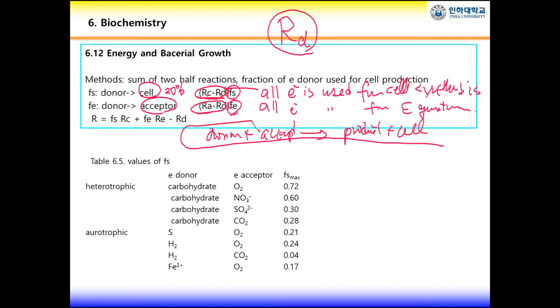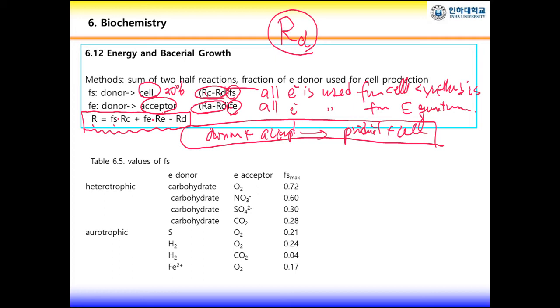This is the overall reaction, and it can be calculated as Fs times Rc plus Fe times Ra minus donor. So we'll practice this in the next slide.